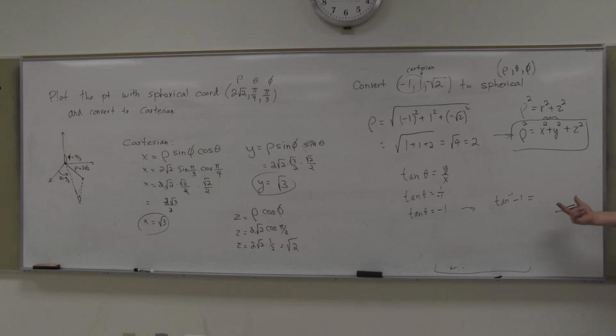Tangent inverse would be what, negative pi over 4, right? But is that really the one we want?